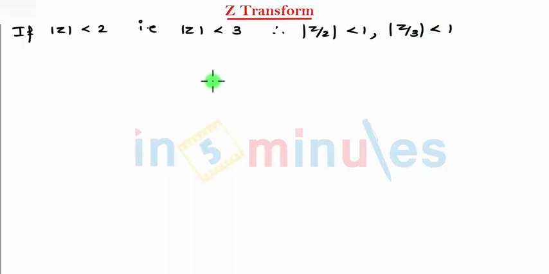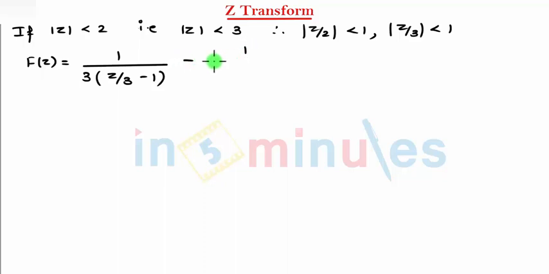From here, to make a standard series, I'll be taking constants common. So 1 divided by 3 common, z by 3 minus 1. Further, minus 1 divided by 2 common, z by 2 minus 1.